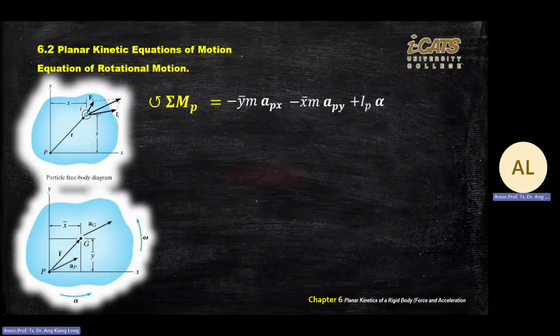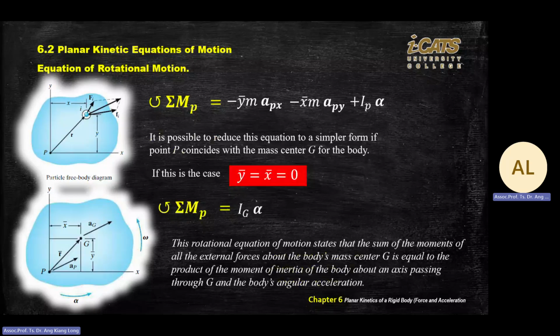Okay, so here, it's possible to reduce each equation to a simple form if the point P coincides with the center of mass on the body. Meaning if your reference point P moves to G, the center of mass, then this one will be 0, this one will be 0.